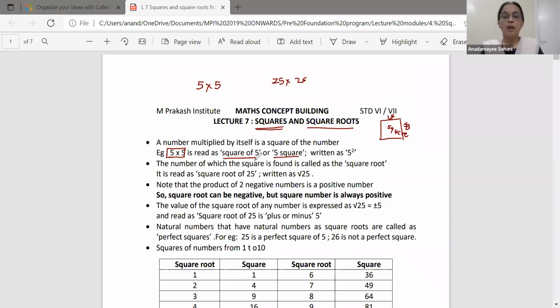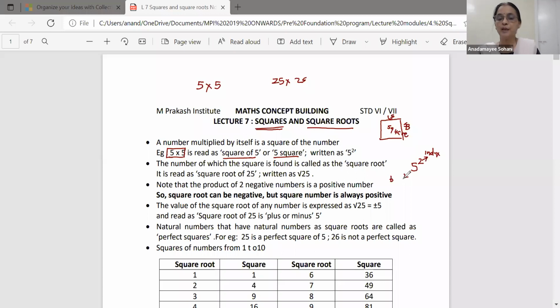And now the terms. Suppose I want to say square of 5, I can call it 5 square, and I will write it as 5 with superscript 2. When we learn indices, this is also called the index, and this is called the base.